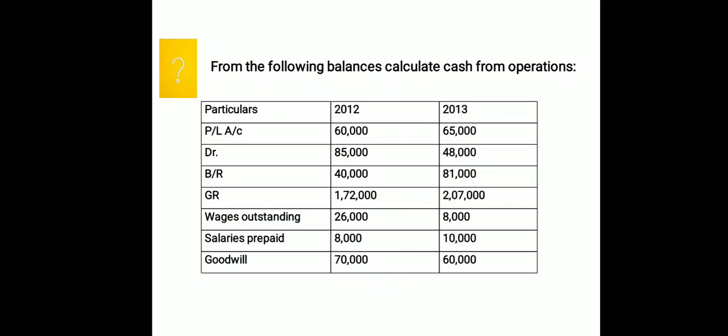And the most important point to remember here, when we are solving the cash flow statement, the cash or cash equivalent available in your balance sheet in the given question, we are not going to take those items here as current assets.